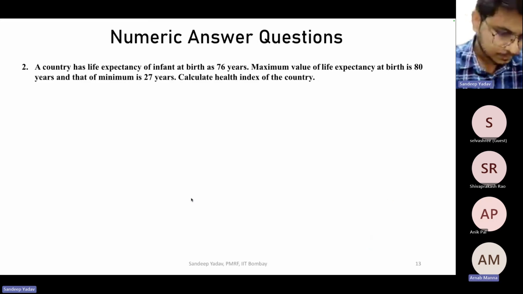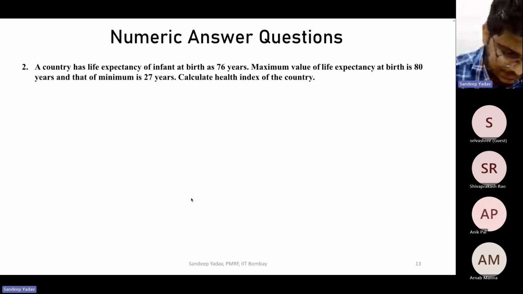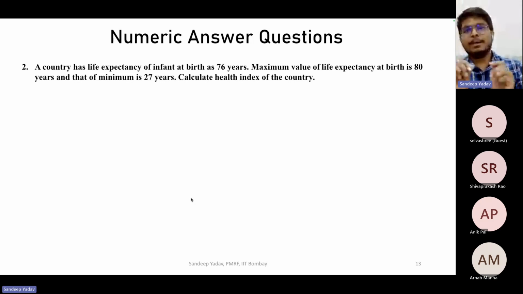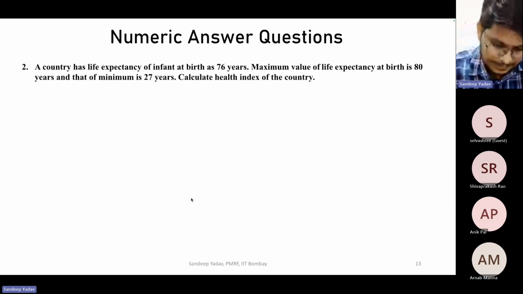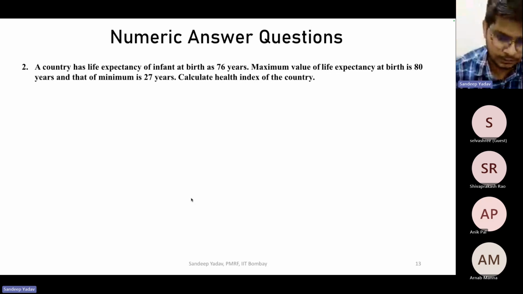Now moving ahead, a country has a life expectancy at birth of 76 years. The maximum value of life expectancy at birth is 80 years, and the minimum is 27 years. Now calculate the health index. Again, this is a similar question. I just want an answer from all of you. This is a very easy question.